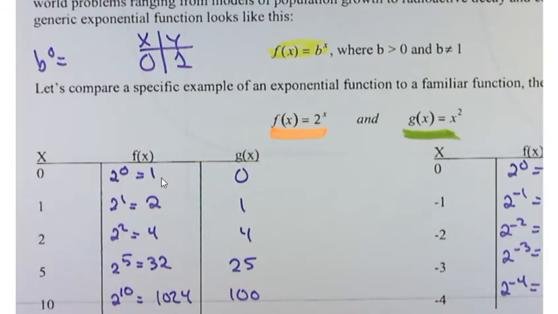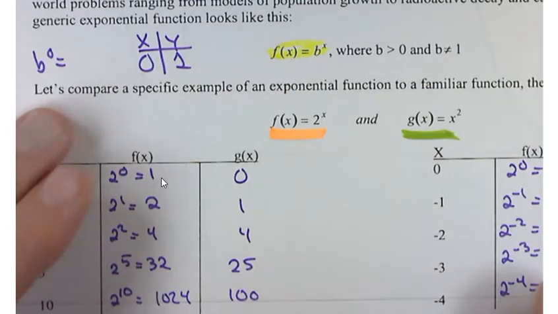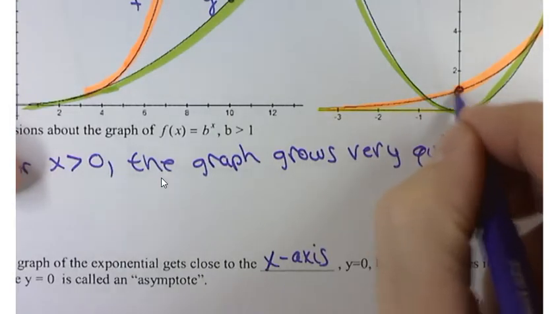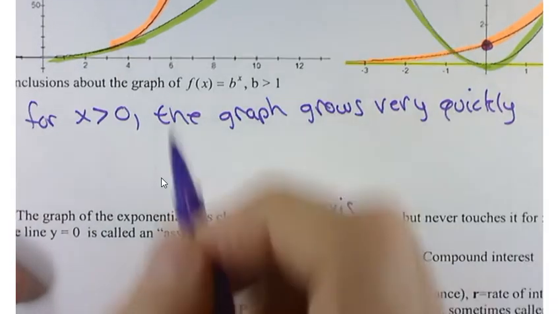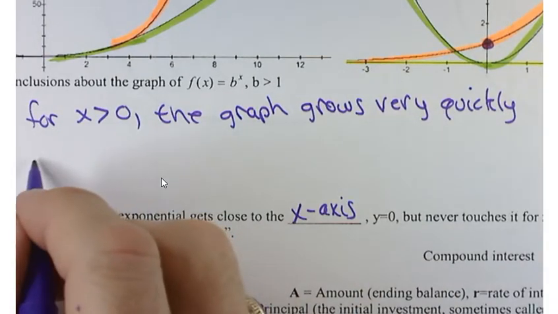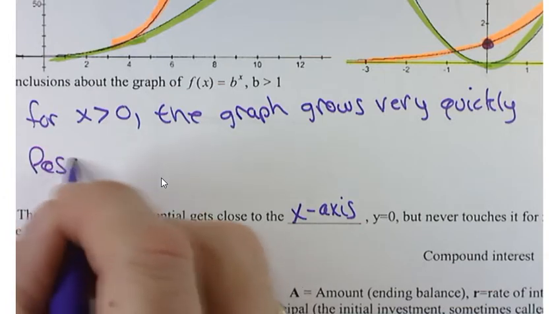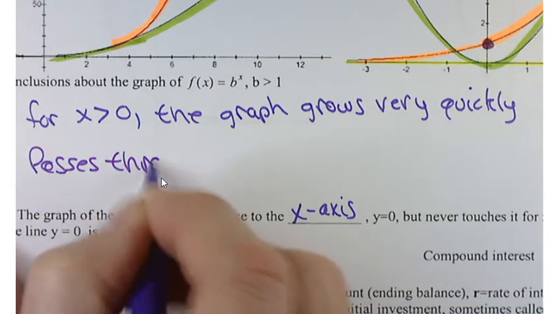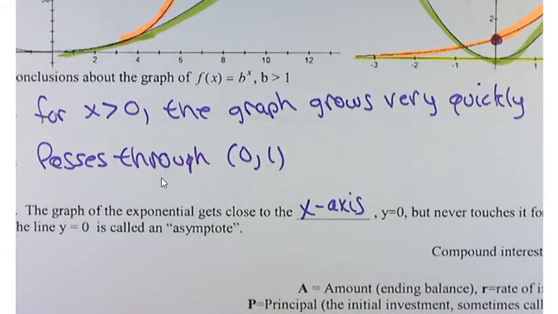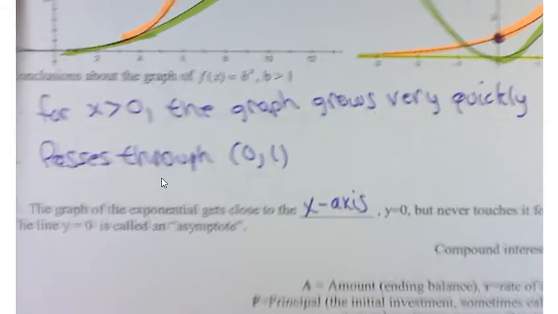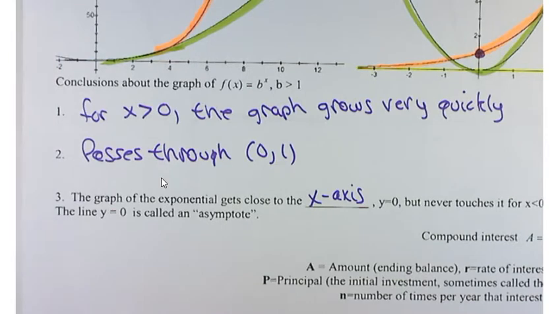When we do that, I want you to keep track of that point, (0, 1), your y-intercept. Where does that get transferred? So the graph passes through (0, 1).